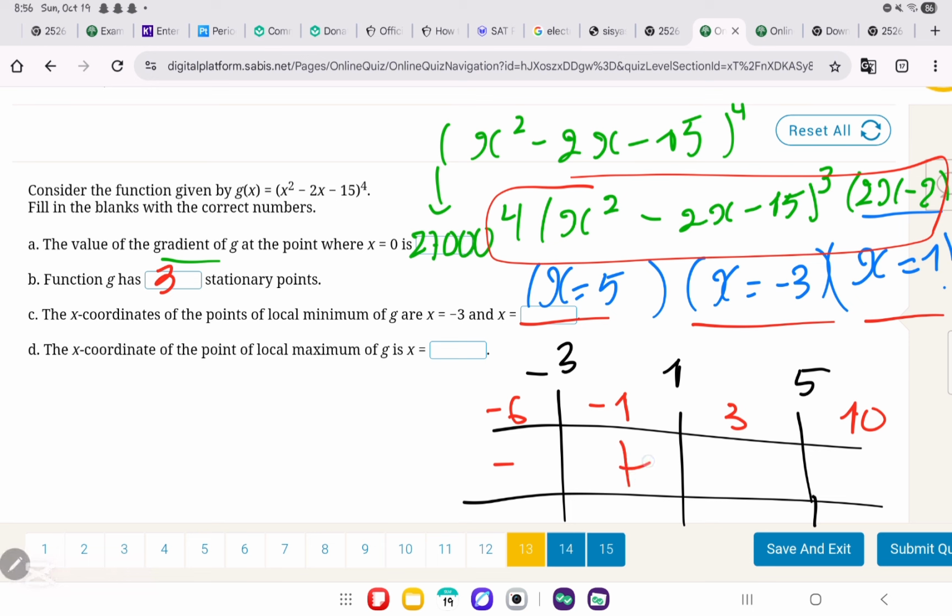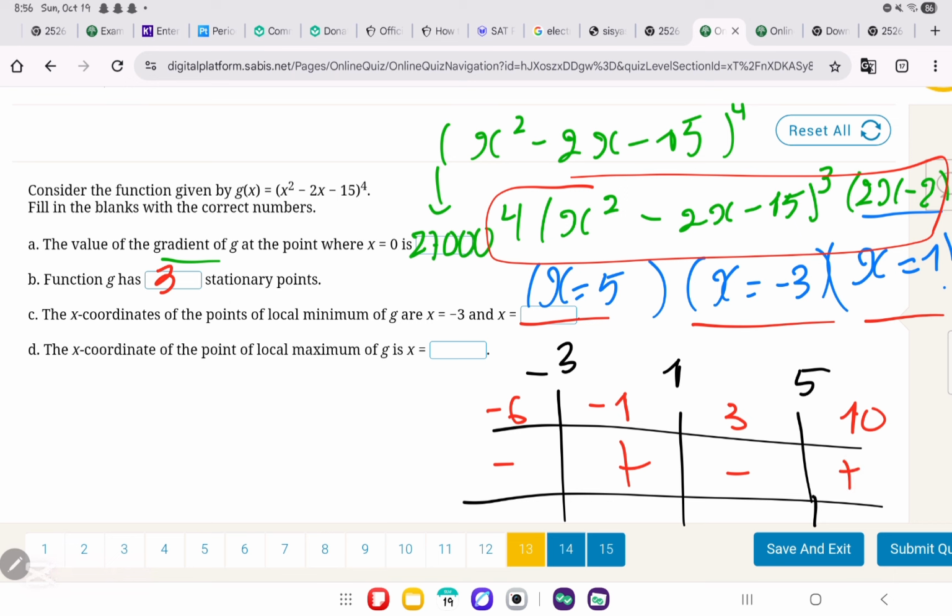Let's substitute 3. And that's gonna give us a negative answer. Let's substitute 10 now. If you substitute 10, you will get a positive answer.